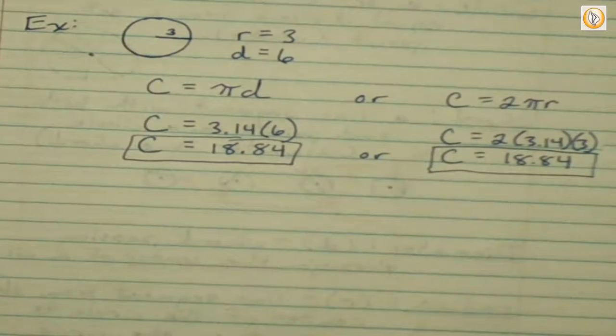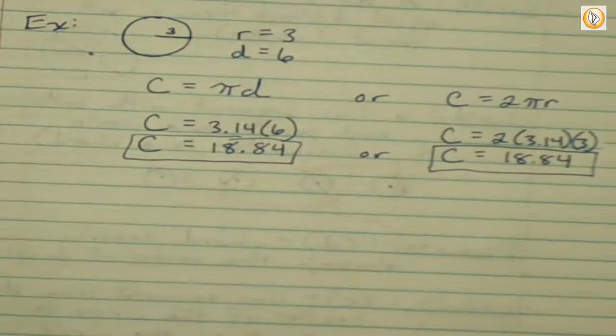Make sure if you use the pi key, if you have your graphing calculator and it has a pi key, make sure you round to the nearest hundredths place. Okay? And you better do it accurately or I will count off. Any questions? No questions?